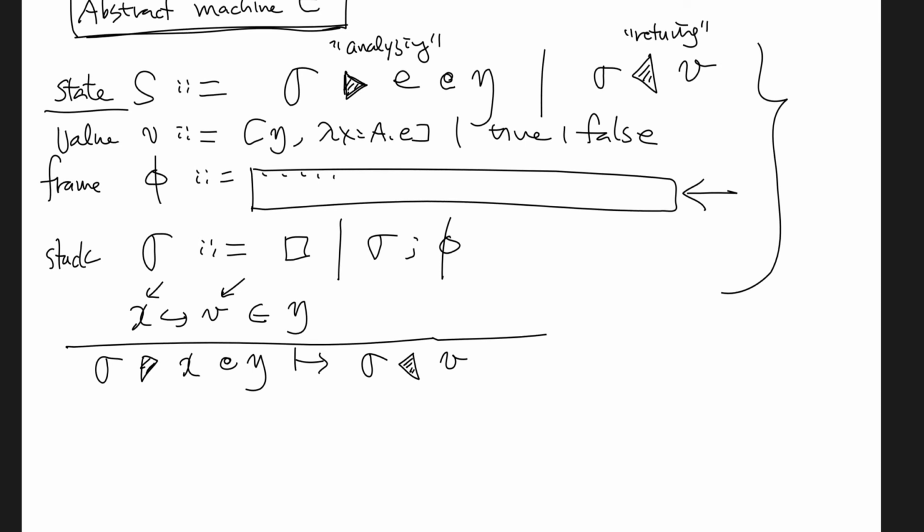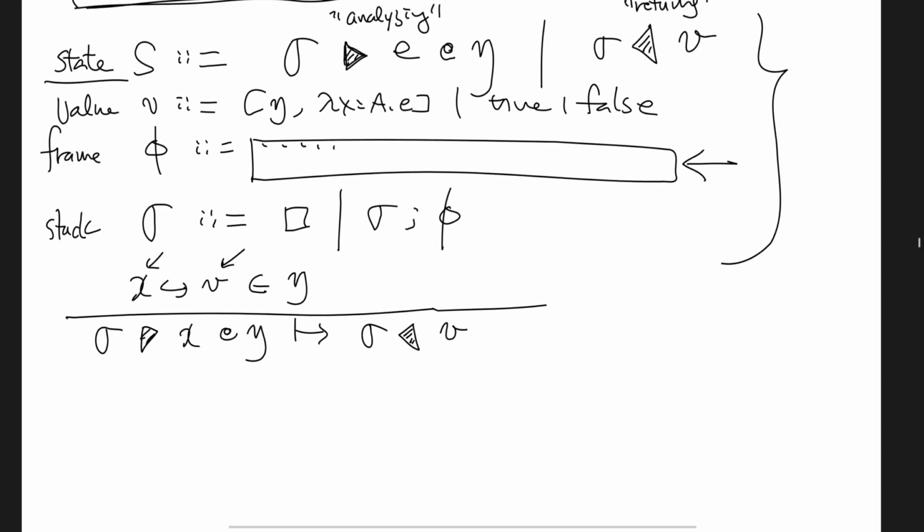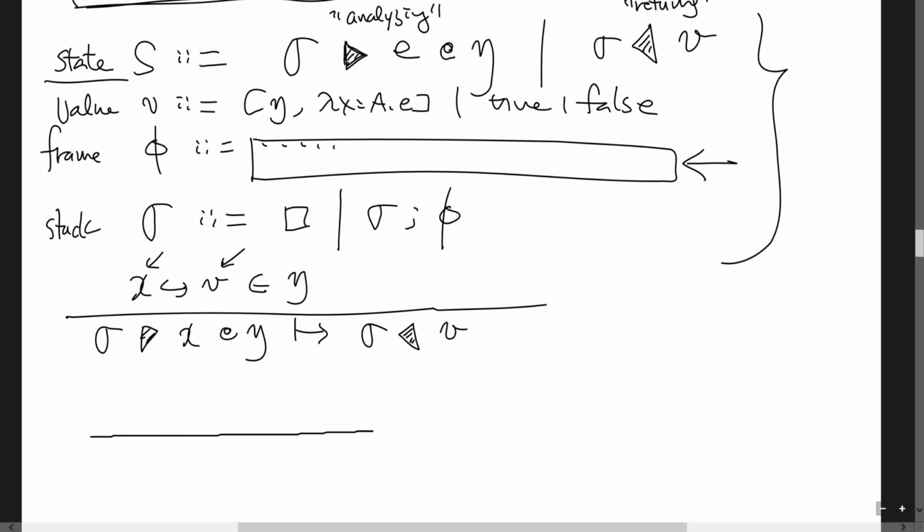Next, what about the state transition rule for lambda abstraction under environment eta?